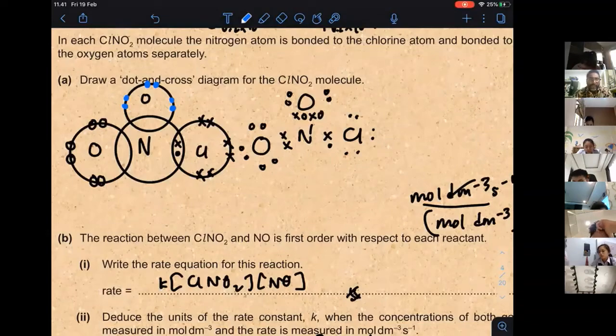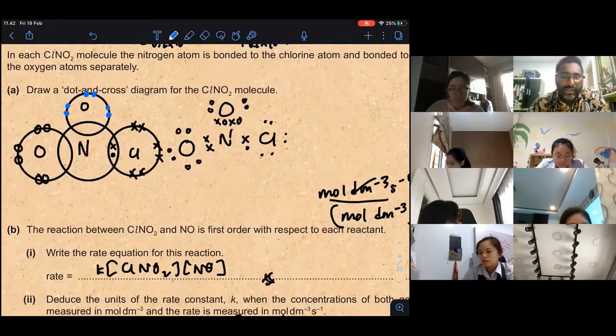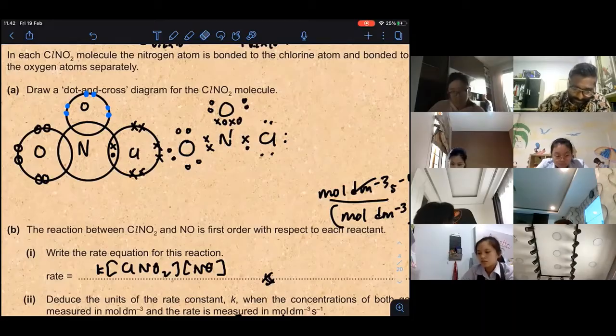The easiest way is maybe I can form a coordinate dative bond, but that is not the first thing that will come to our mind. Normally we will think oxygen has 6 electrons, so it needs 2, and nitrogen will share 2. That is the first thing that will come to our mind, so I will use that method.